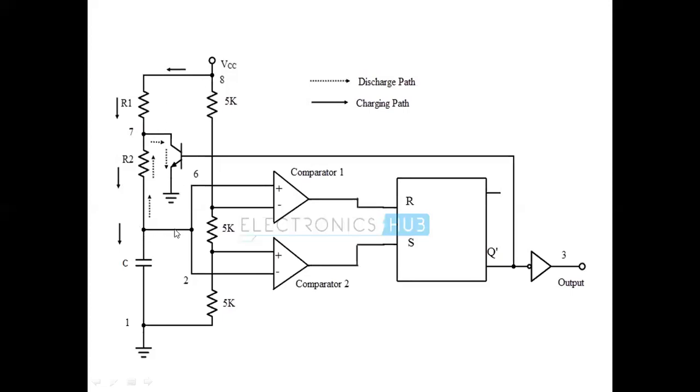While charging, whenever the capacitor voltage crosses 2/3 VCC, this is obviously connected to the non-inverting terminal of comparator 1. So the voltage at this point is greater than 2/3 VCC.